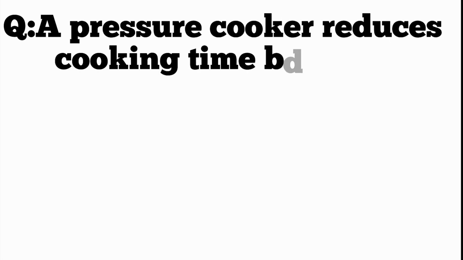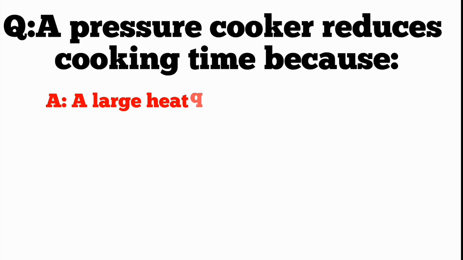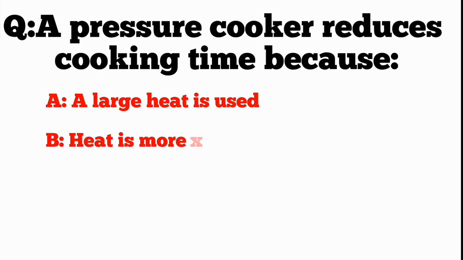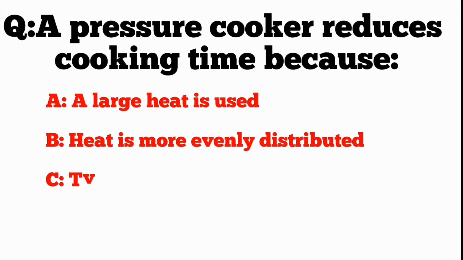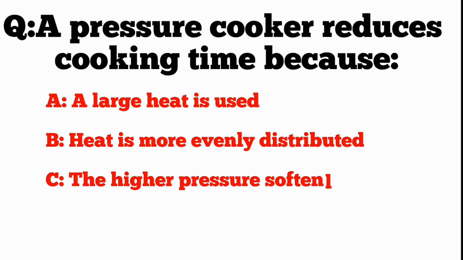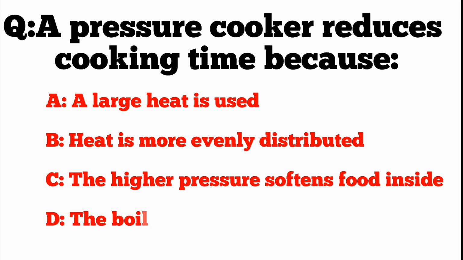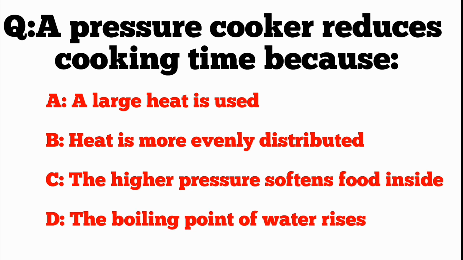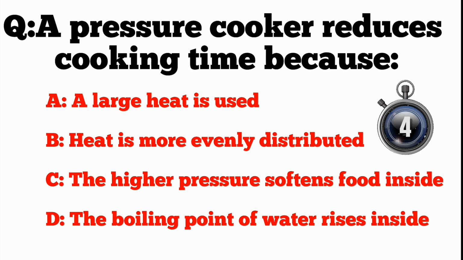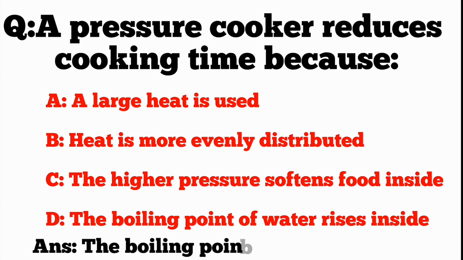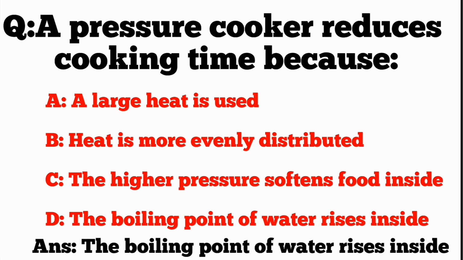Q. A pressure cooker reduces cooking time because A. A large heat is used. B. Heat is more evenly distributed. C. The higher pressure softens food inside. D. The boiling point of water rises inside. Ans. The boiling point of water rises inside.